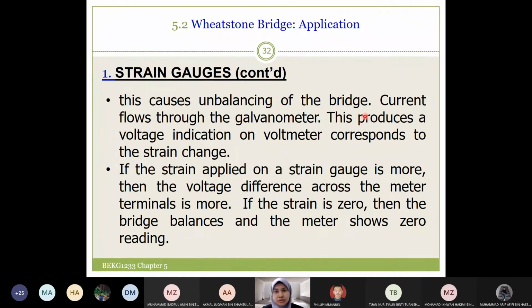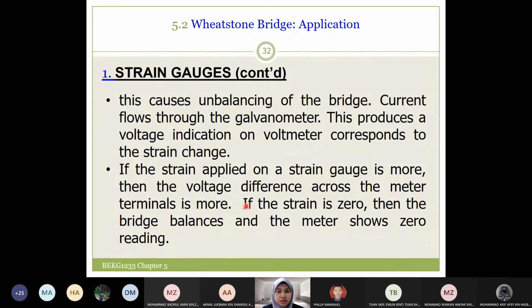Current flows. So when the bridge is unbalanced, current flows through the galvanometer. This produces a voltage indication on the voltmeter that corresponds to the strain change. If the strain applied on a strain gauge is more, then the voltage difference across the meter terminals is more.